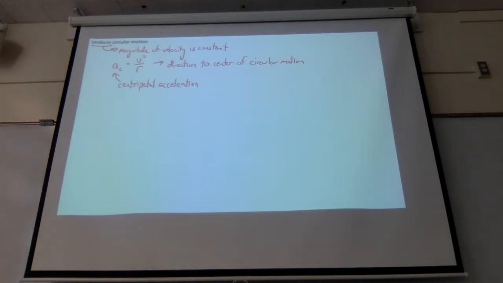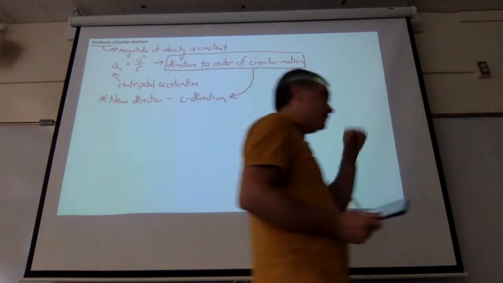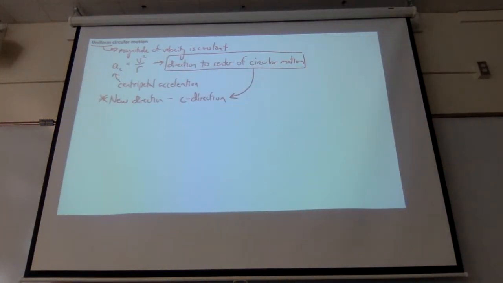It turns out that now we're going to have a new direction. And we are going to call this the c direction. And you might guess that the c direction is always to the center of the circular motion. The c direction always points to the center of the circular motion.